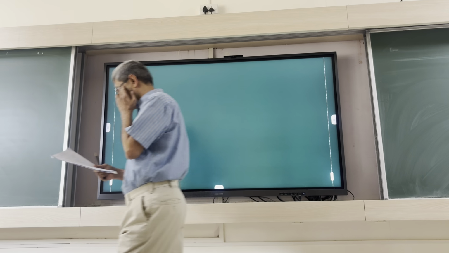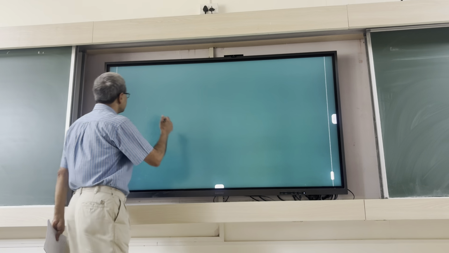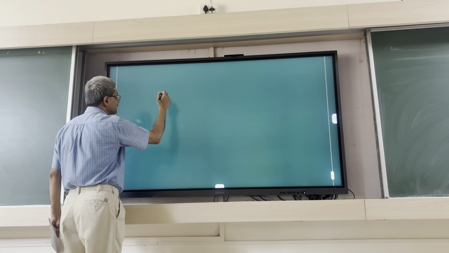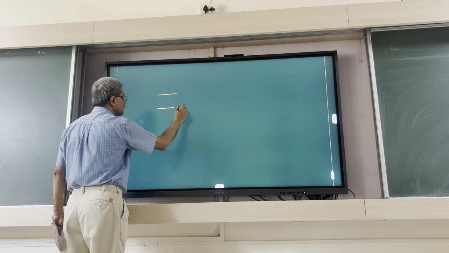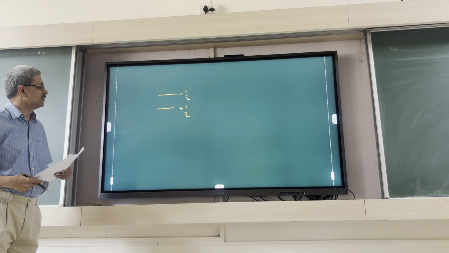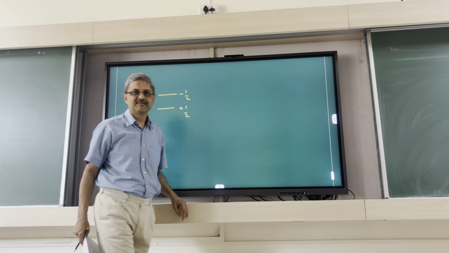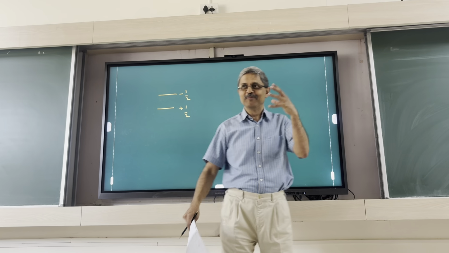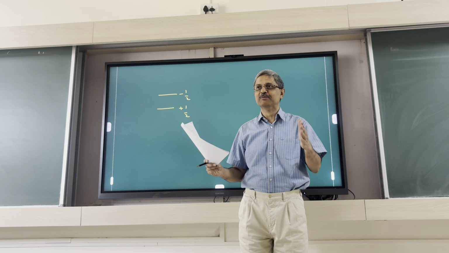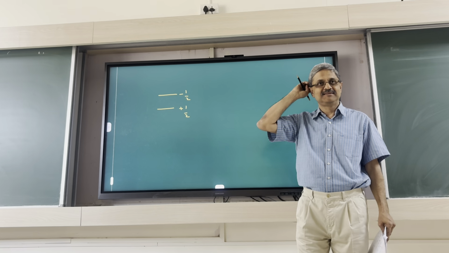So maybe I continue next time. What we want to do next is look at the phenomenon of resonance for, let's say, a spin half system, plus half, minus half. In order to cause a transition, you need a matrix element which will allow a transition from one state to the other.